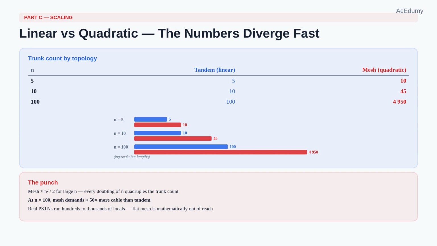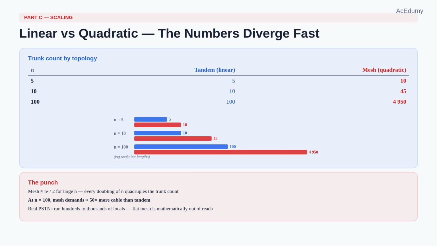The mesh grows as n times n minus 1 over 2, roughly n squared over 2 for large n. 5 locals, 10 trunks, 10 locals, and now mesh needs 45 trunks while tandem needs 10. 100 locals, tandem still wants 100 trunks, but mesh now wants 4,950. That is almost 50 times more cable, 50 times more right-of-way, 50 times more equipment to maintain.